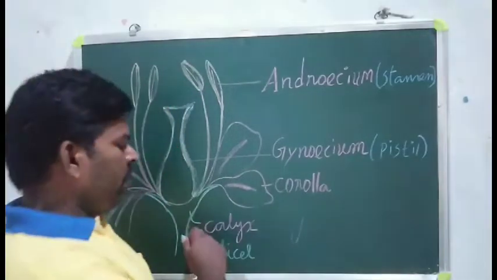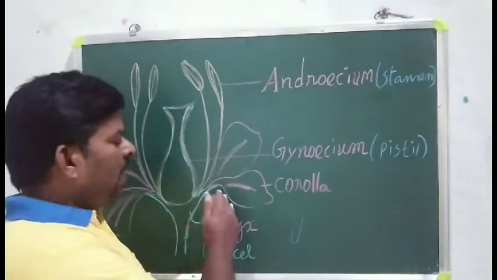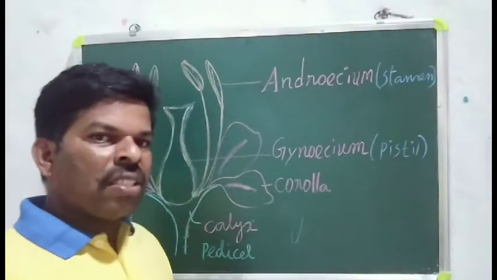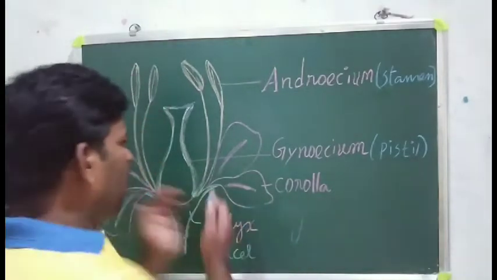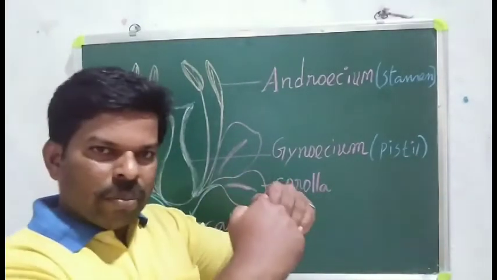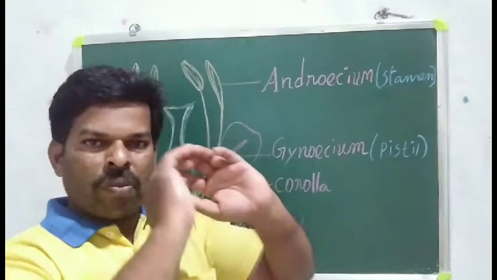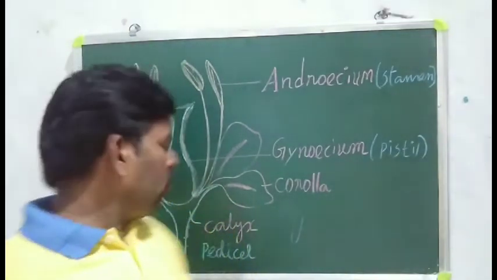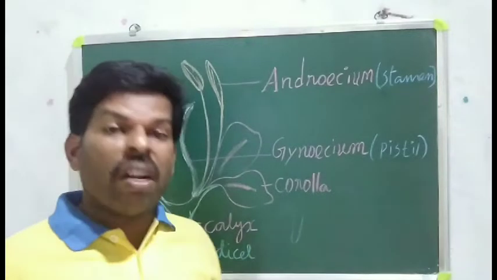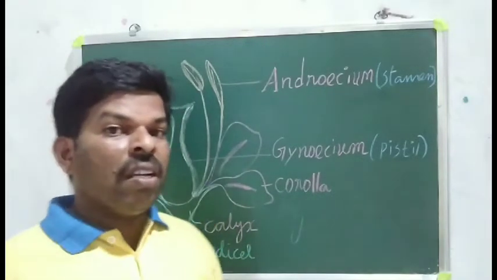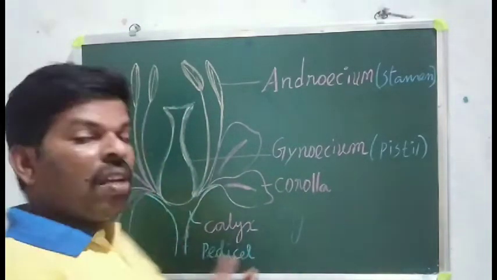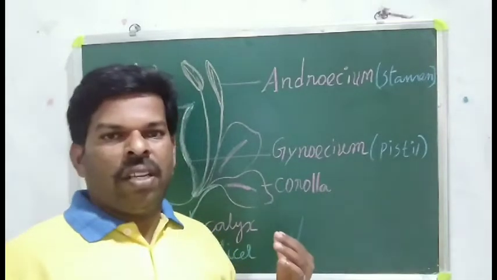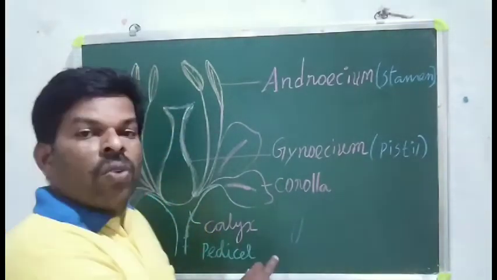What are the functions of the calyx? The calyx covers the bud. Before the flower opens, in the bud condition, it is fully protected by the calyx layer. It is the outermost wall, the first wall of the flower. Is it clear? That is the calyx.